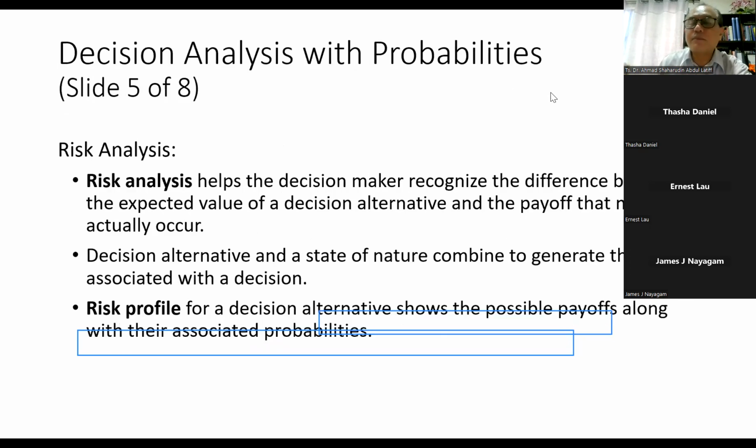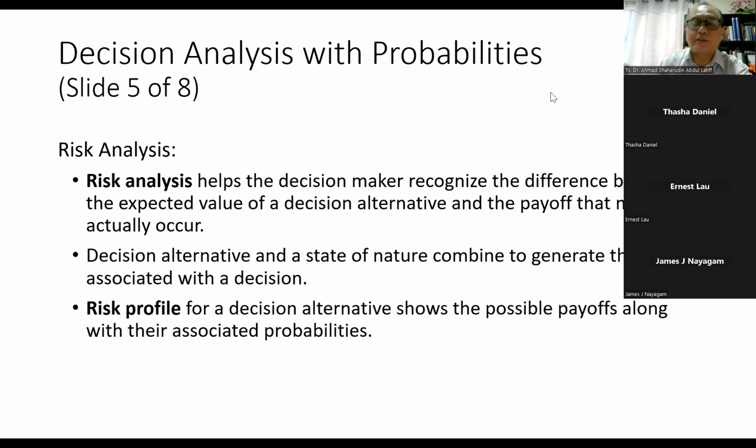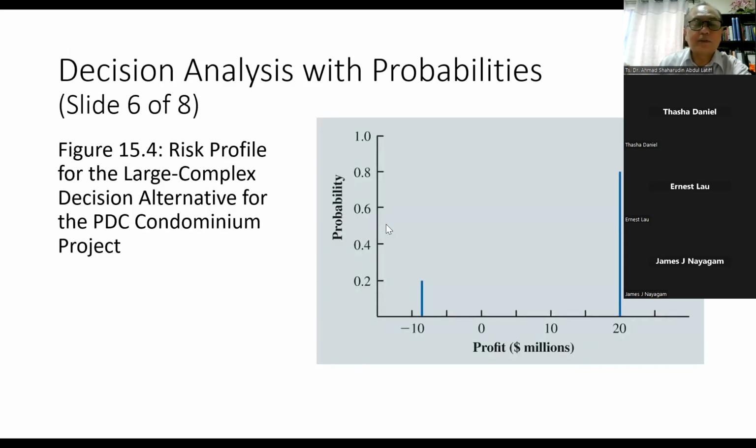And then we will look into risk analysis. Risk analysis helps the decision maker recognize the difference between the expected value and the payoff that may occur. So you can have a risk profile. This is the risk profile.